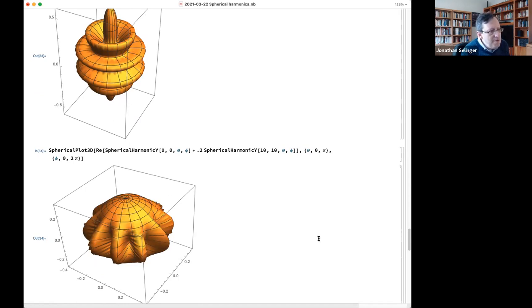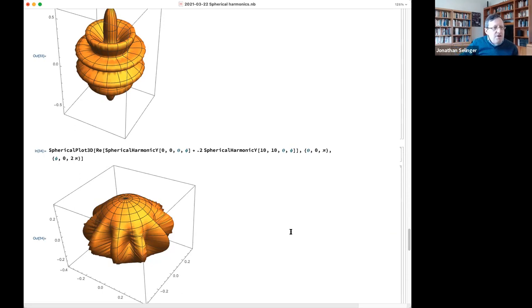So the general point is that when you have a small l and a small m, you have a very gradual variation as a function of orientation on the sphere, latitude and longitude. But if you have a big L or a big M, then it's a much more rapid variation, in and out, in and out.